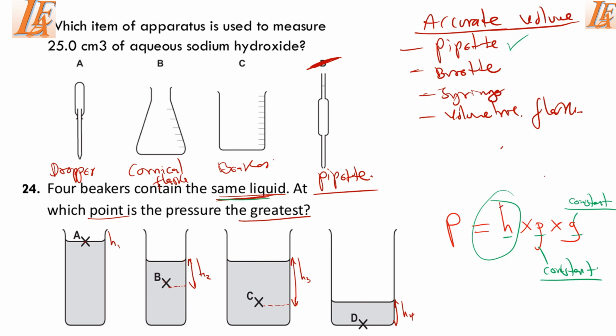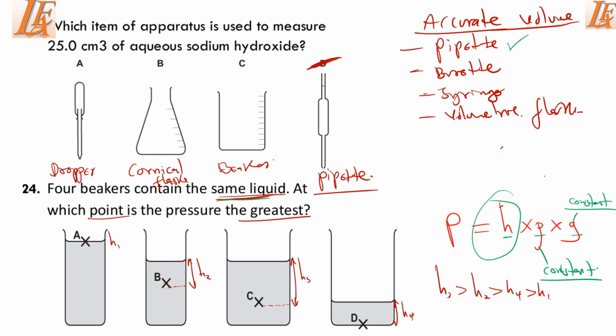Now from this, which of these beakers contains the greatest height? We can arrange it from the highest to the smallest, where we have H3 as the largest height, followed by H2, which is greater than H4, and then H1 is the least.